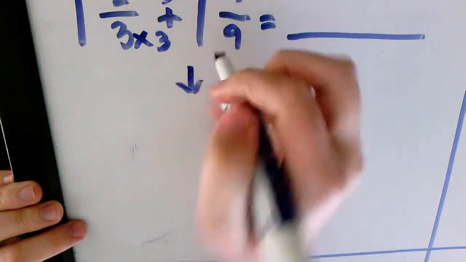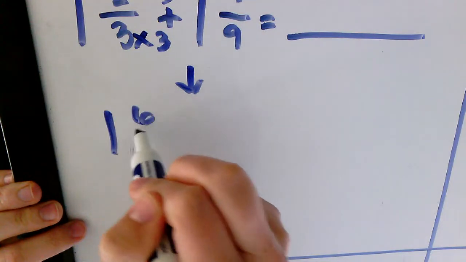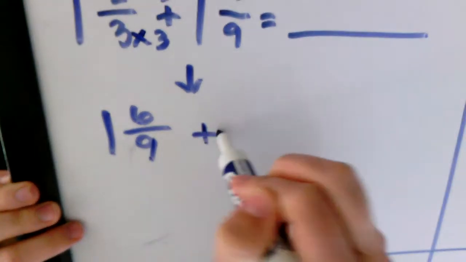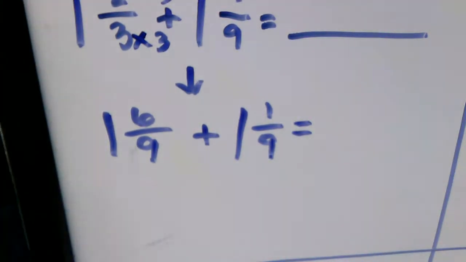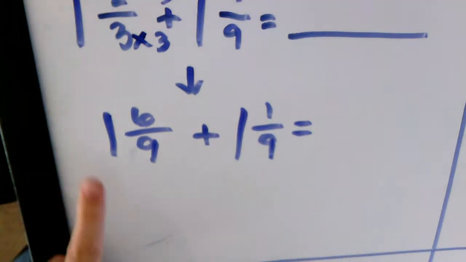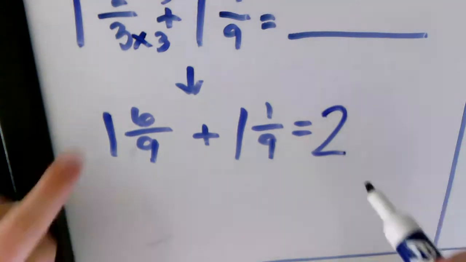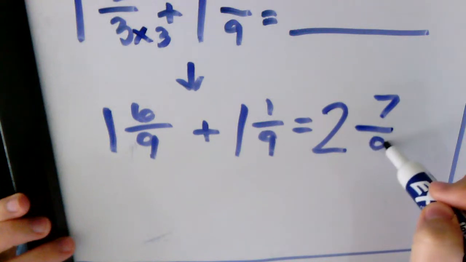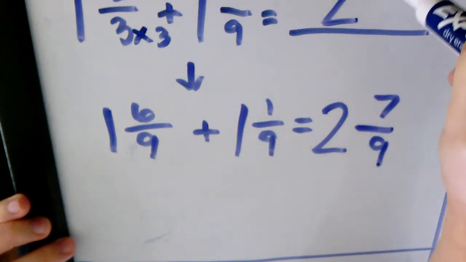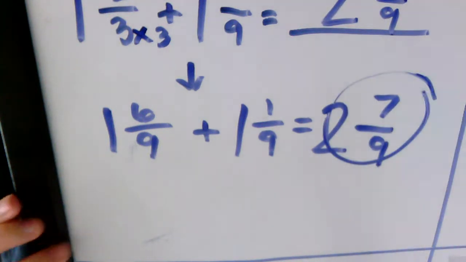So this fraction becomes 1 and 6/9 plus 1 and 1/9. And I'm going to go ahead and add those now because they have a common denominator. So 1 plus 1 is 2, 6 plus 1 is 7, and the denominator stays the same. So my answer is 2 and 7/9.